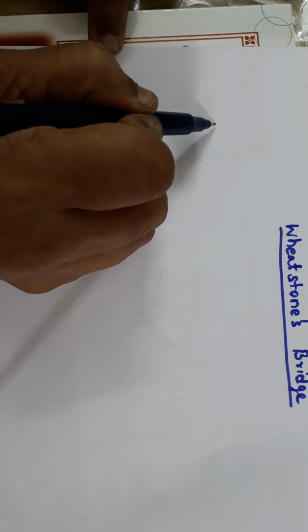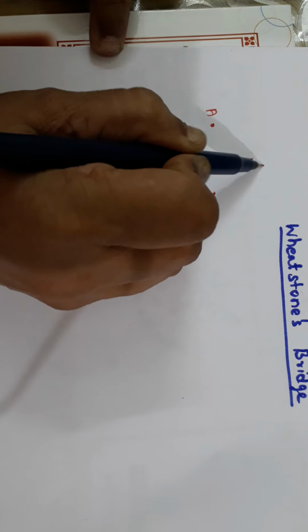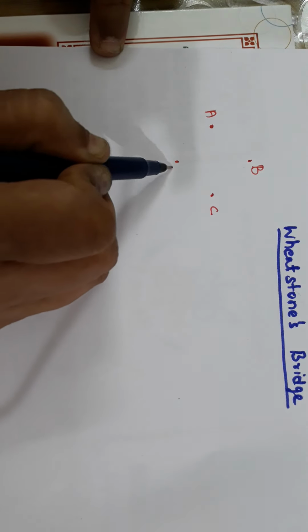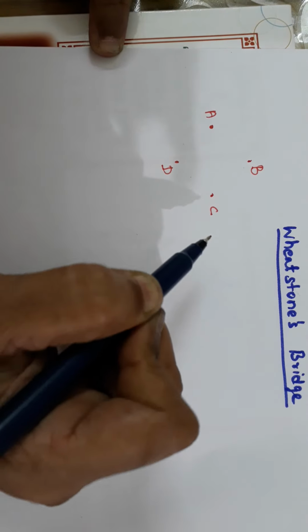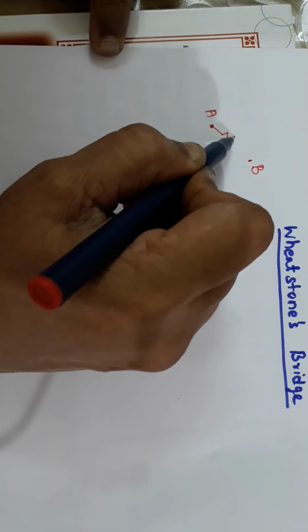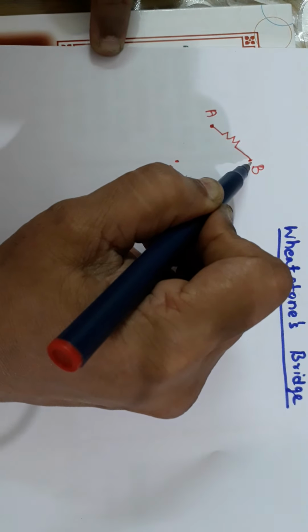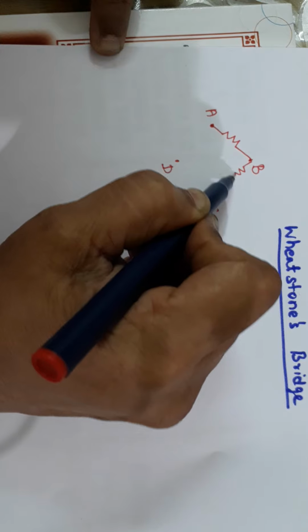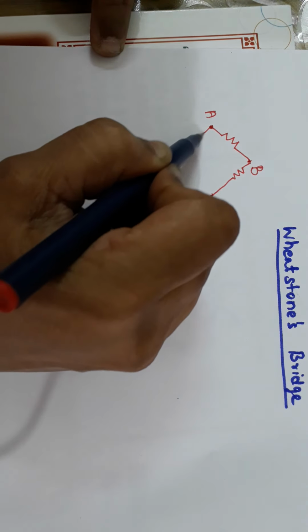Now I will draw the circuit diagram for this, children. I will write it in cyclic order A, B, C, D, right? A, B, C, D in cyclic order. Between A, B, connect a resistance. Between B, C, another resistance.